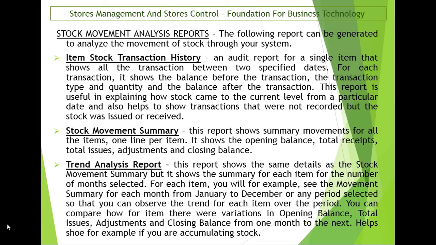When you look at the closing balance, you can see whether you are maintaining the same average balance or whether you're actually accumulating stock. Because for those people who buy more than they need, they always have excess. So if your closing balance for January was 20 items, in February your closing balance will be 30 or 40 or 50.